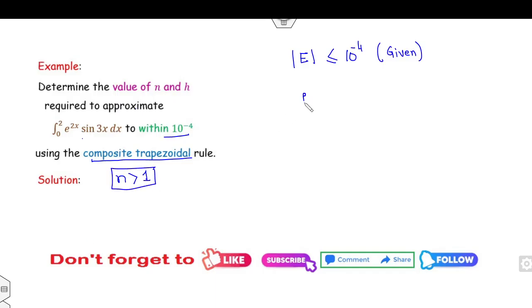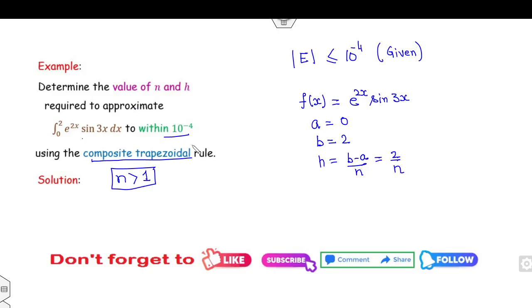Now if you look at that, what is given to you? Can you find f(x)? f(x) is e raised to power 2x sine 3x. What is a? a is 0. What is b? b is 2. Can you find the value of h? It is (b minus a) over n, that is 2 over n.